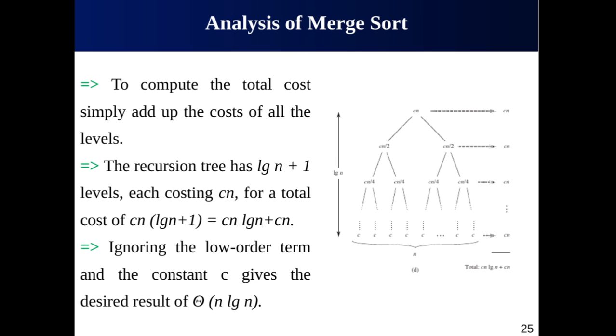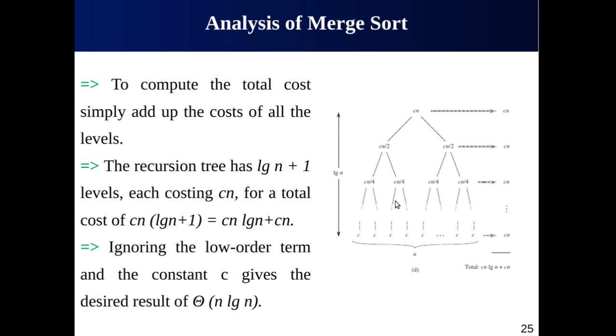We can justify this claim by using an inductive method, but we will not do that. What is important to remember is that the height of this tree is log of n plus 1.